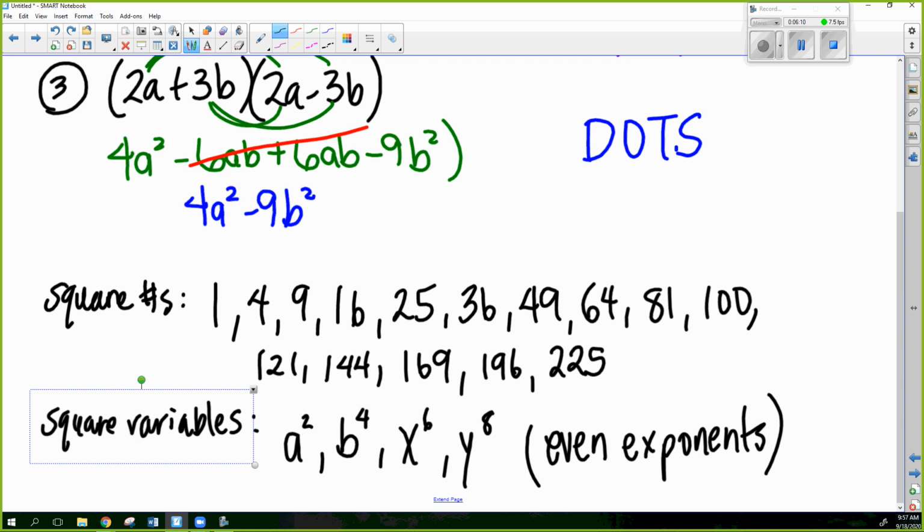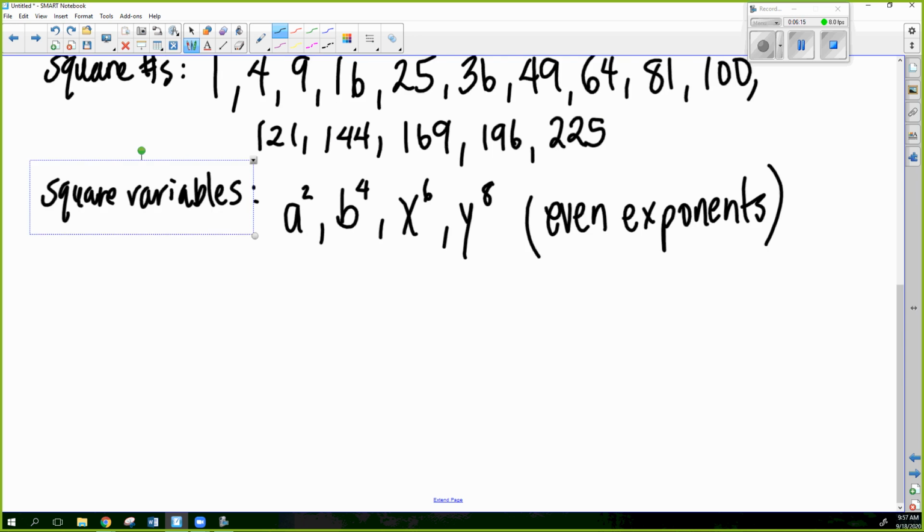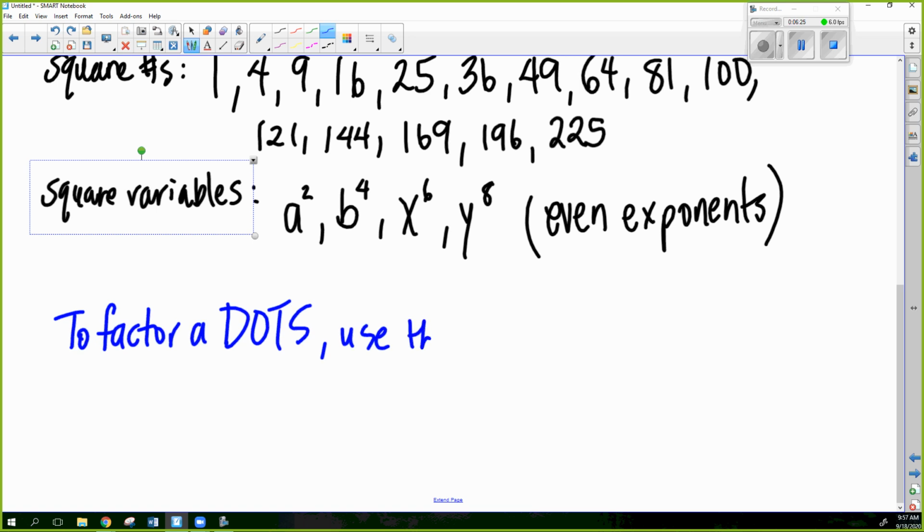I just need to turn the page here. Well, I can slide it down. All right, so to factor a DOTS, use the following rule.